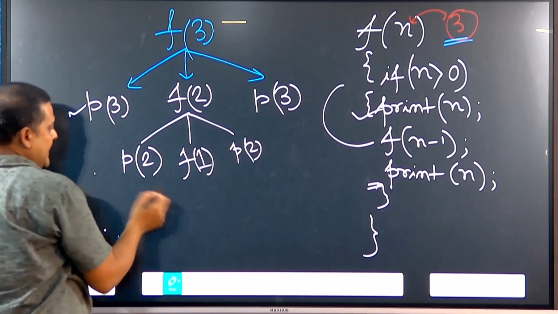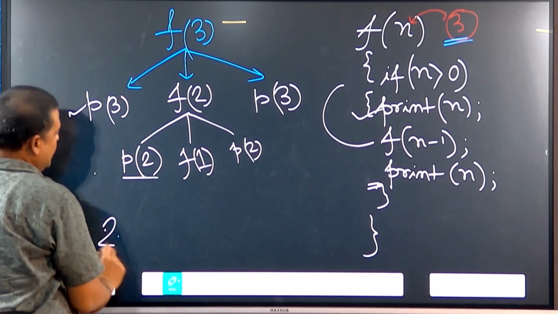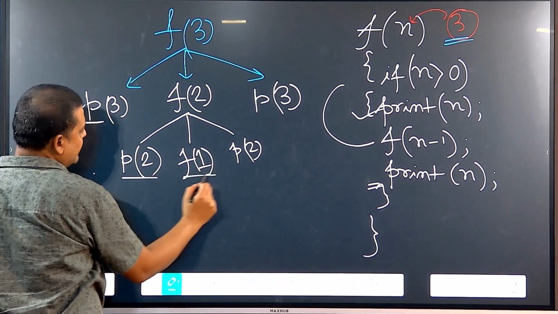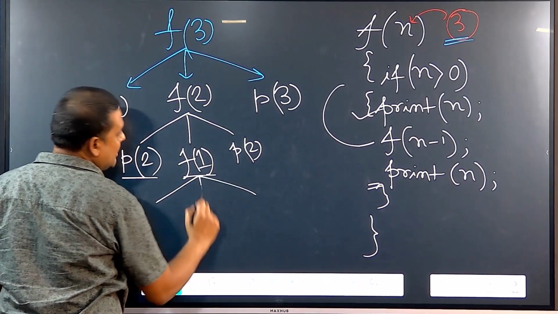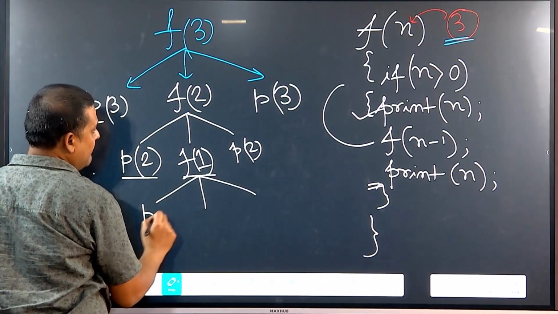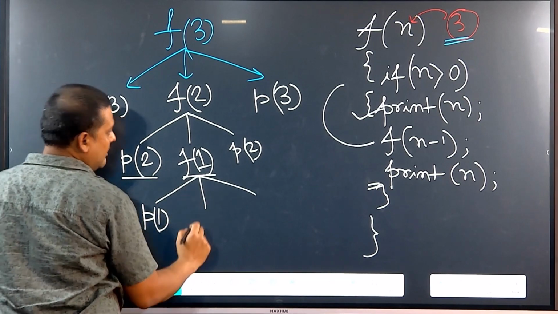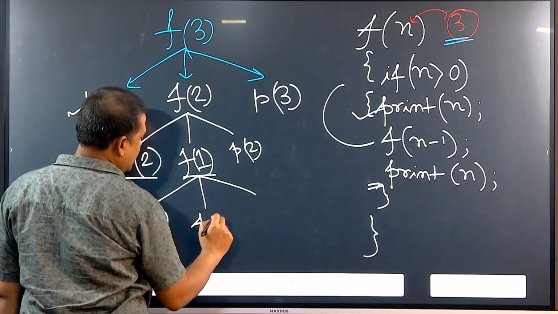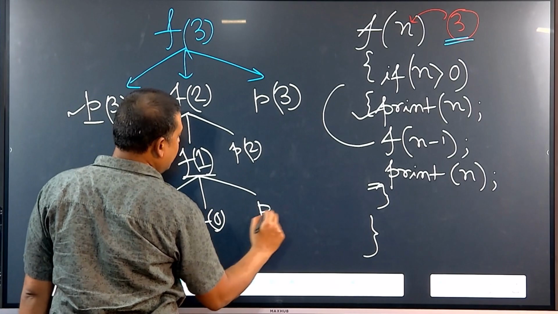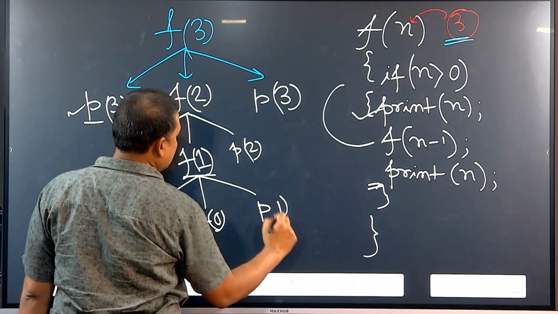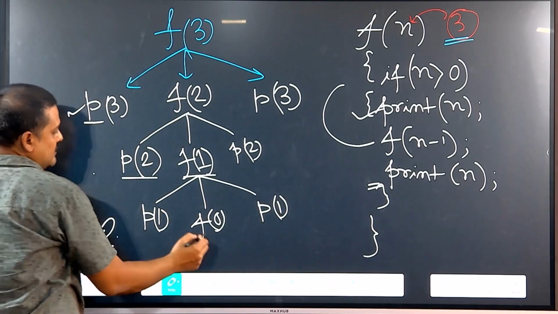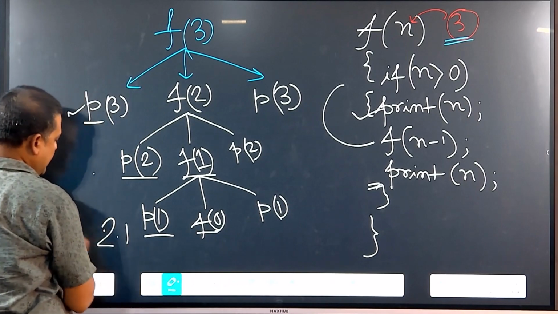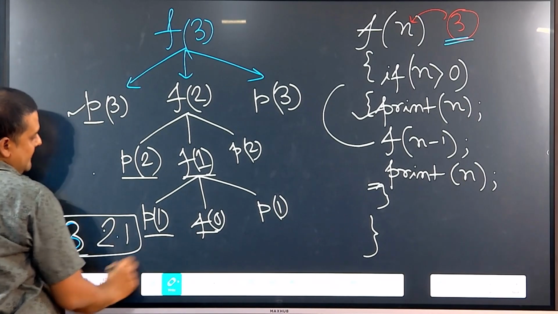Again 2 will be printed, and function 1 will be called, with the same 3 tasks: printing of 1, function call with n minus 1, that is 0, and printing of n. So 1 will be printed.